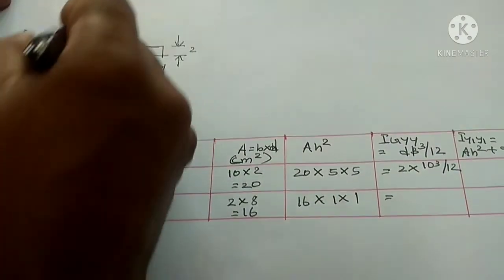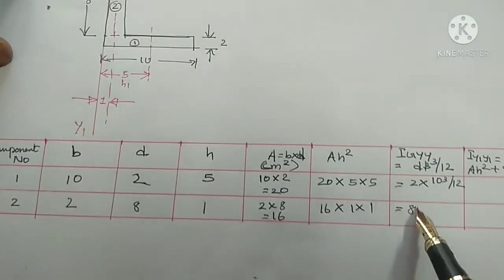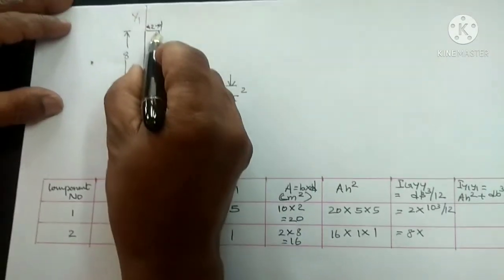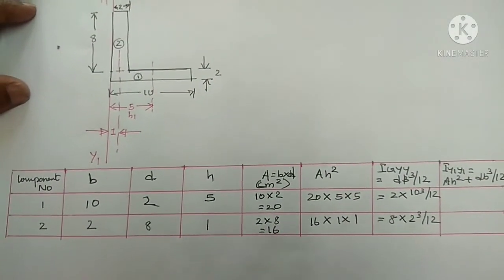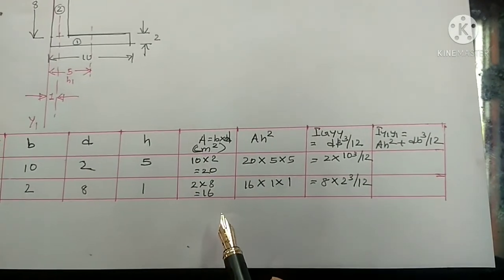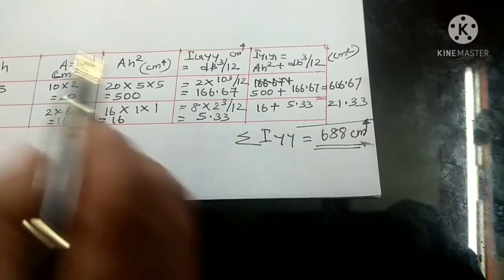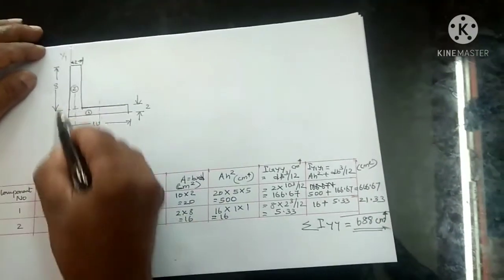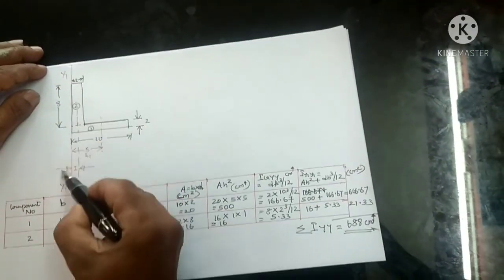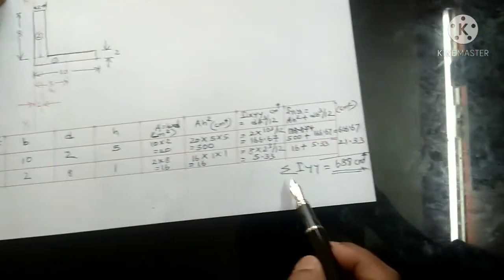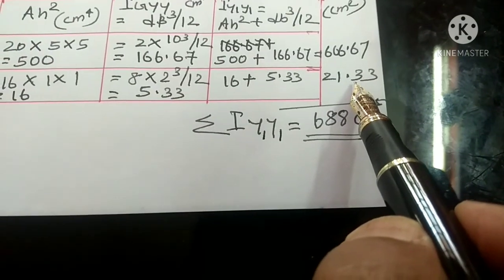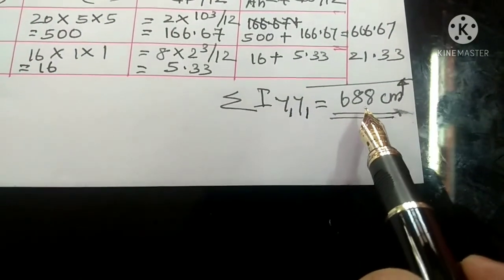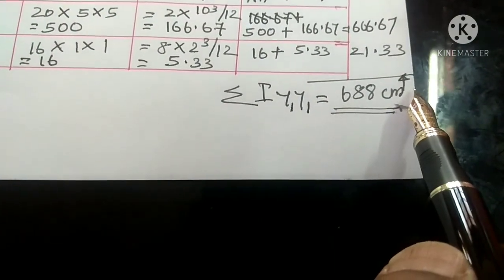What is the value of D? That is 8, 8 into, what is the value of B? That is 2, 2 cube divided by 12. And finally, the moment of inertia of the whole area about the reference axis Y1 is equal to sigma IY1 is equal to this plus this. And you will get 688 centimeter raised to 4.